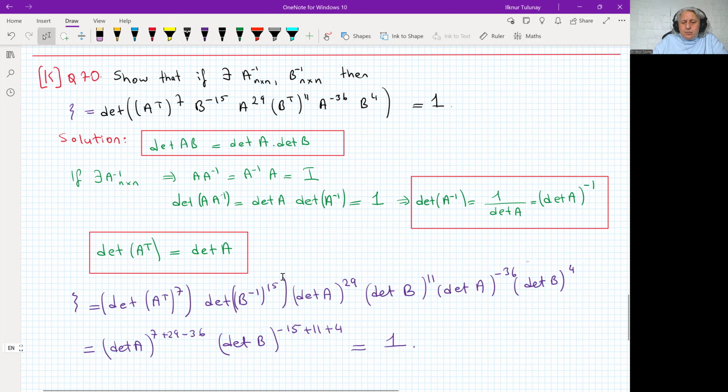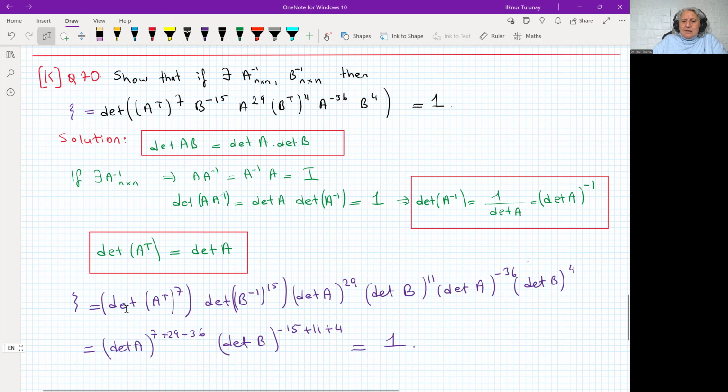I have B inverse. But when we apply the determinant, everything at that moment will be just a real number, and I can interchange all these factors because they are just real numbers, and real numbers are commutative.